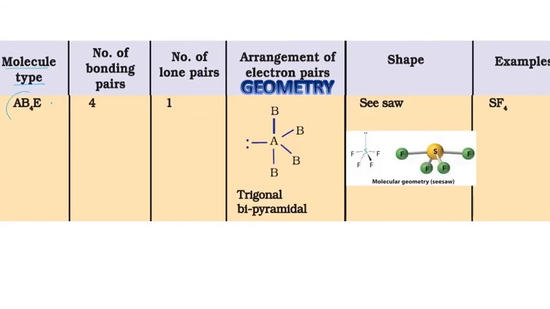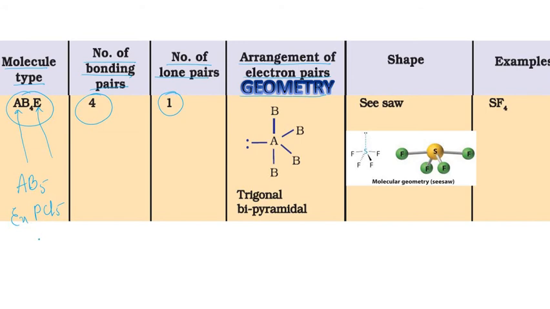Now, the next molecule type is AB4E. There are 4 bonding pairs surrounding the central atom A, and E represents the number of lone pairs, that is 1. The arrangement of electron pairs gives us the geometry, right? Suppose I had taken AB5 without lone pairs, I would have taken the example of PCl5, phosphorus pentachloride.